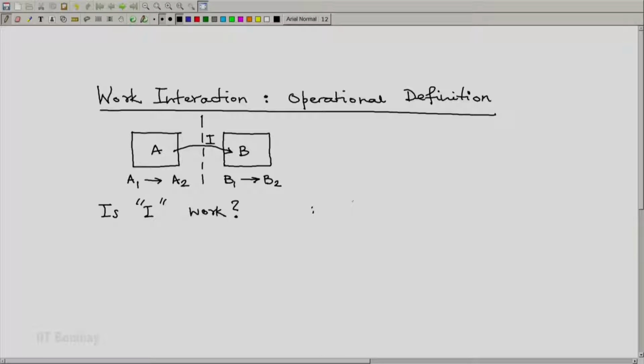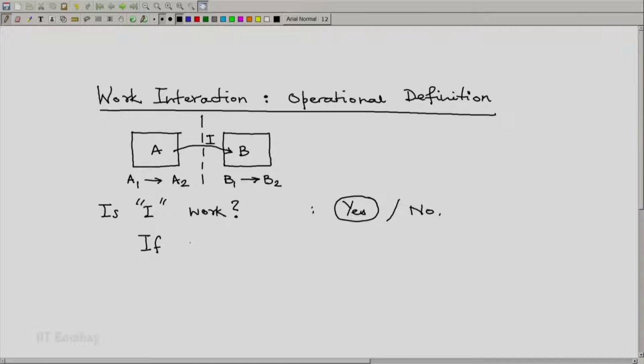So here we want an answer, yes or no. Particularly, we look at cases where the answer is a resounding yes, because if work interaction is mixed up with some other type of interaction, then the answer would definitely be no. And if the answer is yes, if I is purely a work interaction, what is its direction and what is its magnitude? The operational definition follows a few steps.